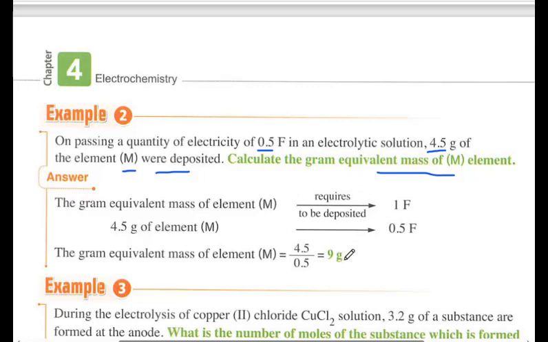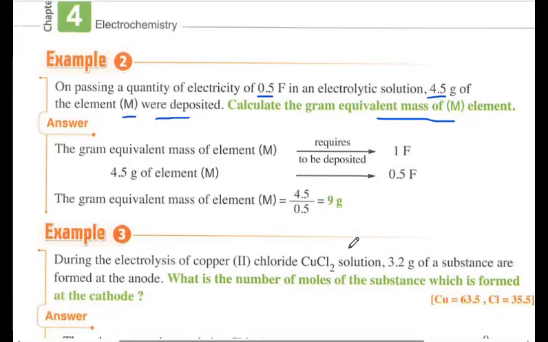So by cross multiplication it gives 9 grams. By logic, half a Faraday deposits 4.5 grams, so the equivalent mass, which is 1 Faraday, will deposit 2 times this amount, 9 grams. Okay, let's have another example.